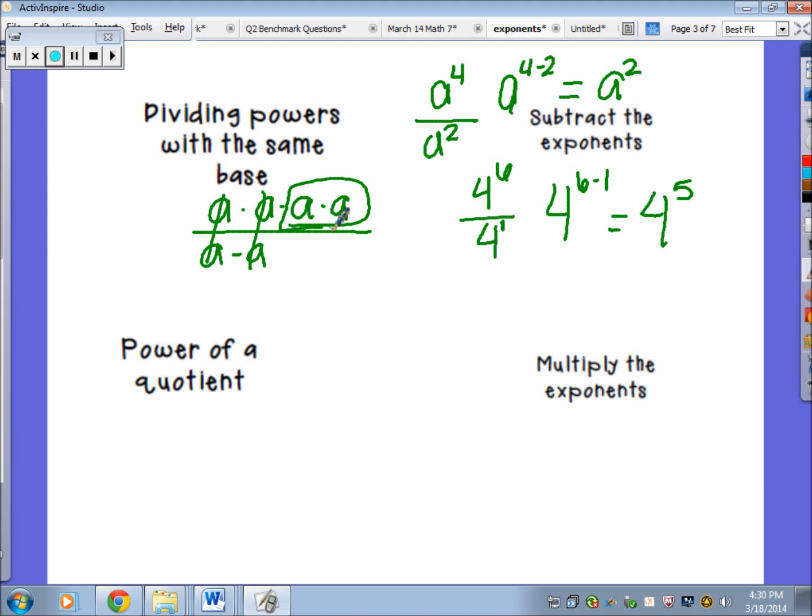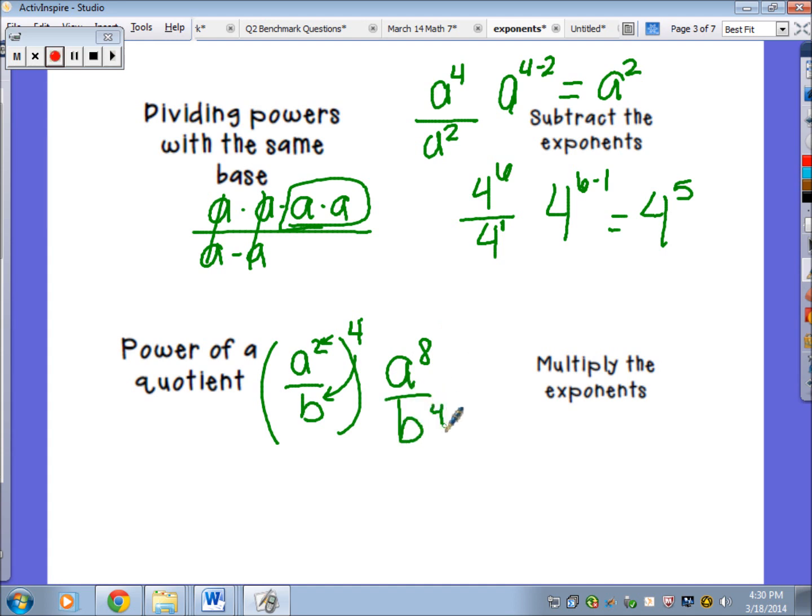Power of a quotient. When we have the power of a quotient, it's going to look like a squared over b, and we're going to take that whole thing to the 4th power. We're going to distribute our 4 to both of our parts. A squared to the 4th power is a to the 8th power. B to the 4th power is just b to the 4th power.